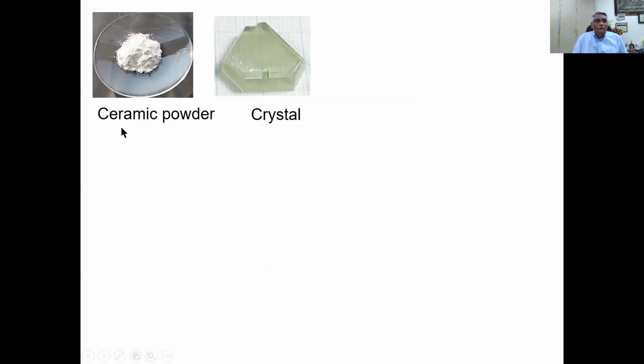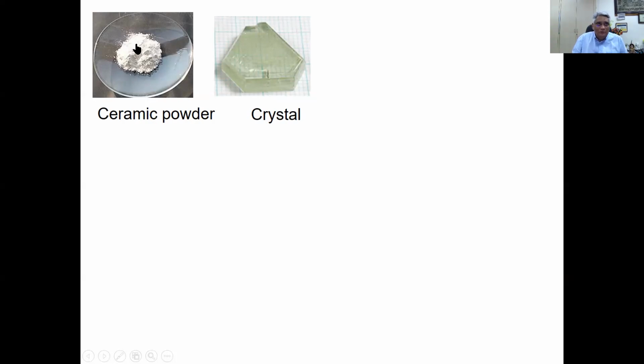Yeah. So what I show here on the left side is a ceramic powder, right? Ceramics, again, going back to the definition, are inorganic, non-metallic compounds processed at high temperature. And when you make a ceramic, you get it in a powder form.